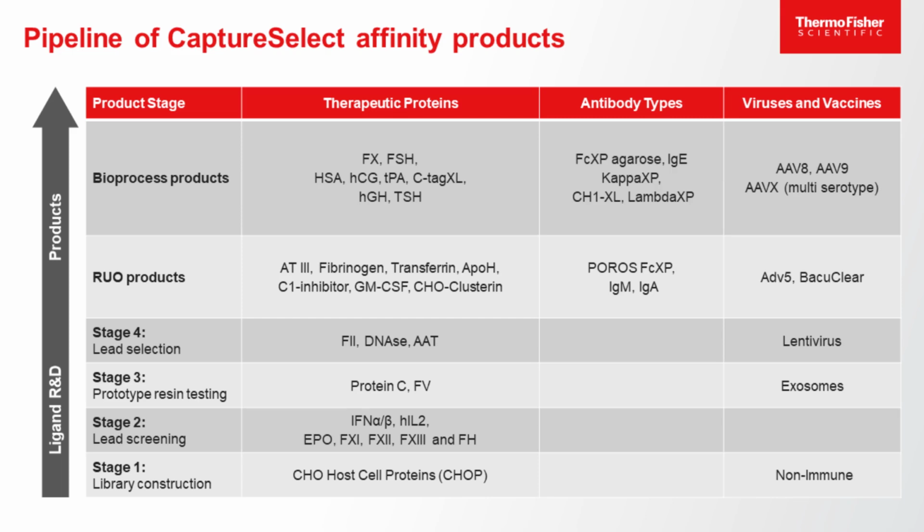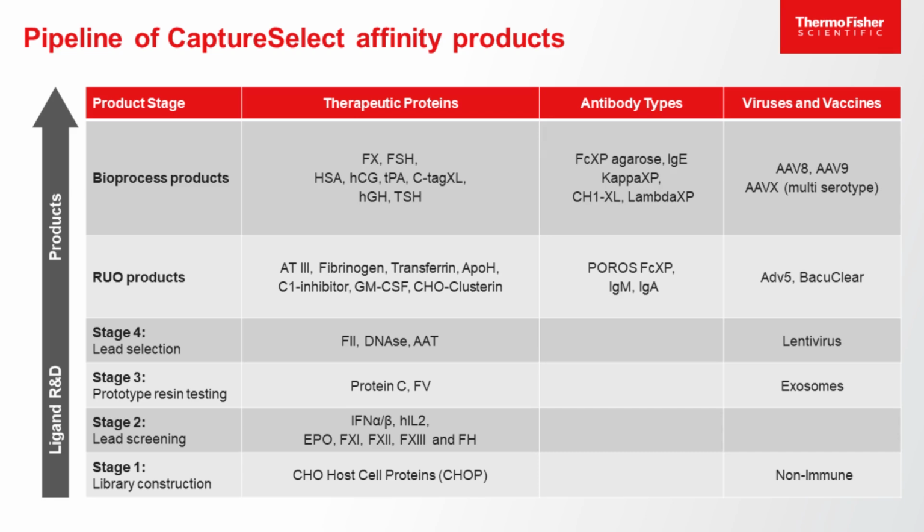As said, in the therapeutic protein space, predominantly hormones, as well as, in this case, factor 10 or albumin for albumin fusions. For antibody types, for virtually any antibody format, whether it's an Fc, through our FcXP, Kappa XP, Lambda XP, CH1XL, but as well for the more exotic types of antibody formats like IgE-derived or IgM or IgA-derived.